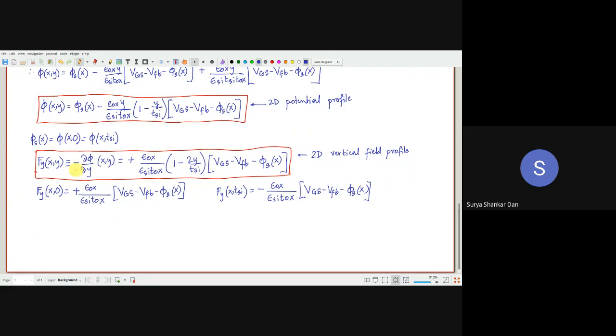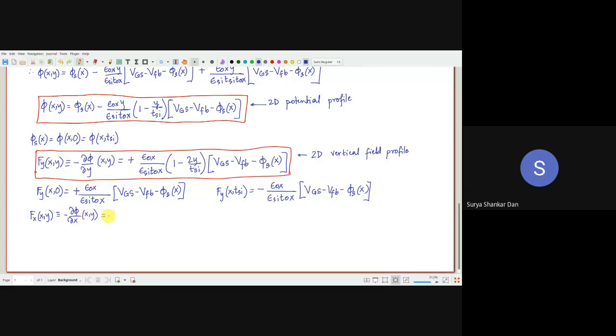Now the last one will be the 2D horizontal field profile, that is the lateral field profile. So what do we do? Simply F_x(x,y) will be equal to minus del phi by del x(x,y). Although I have put a partial differential over here because it is dependent on both x and y, phi_s is dependent only on x.